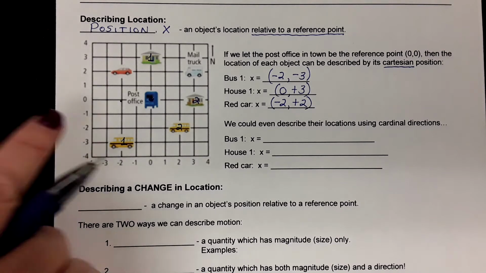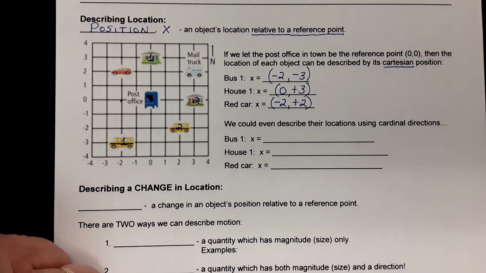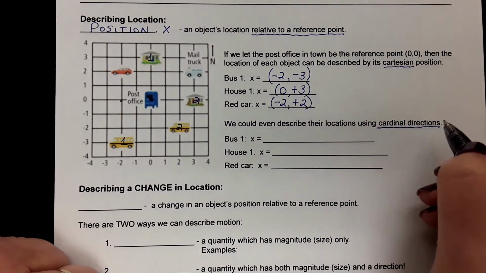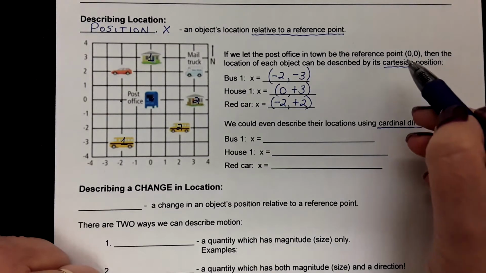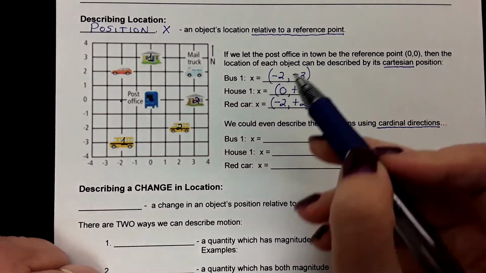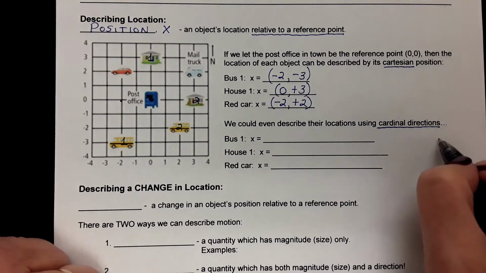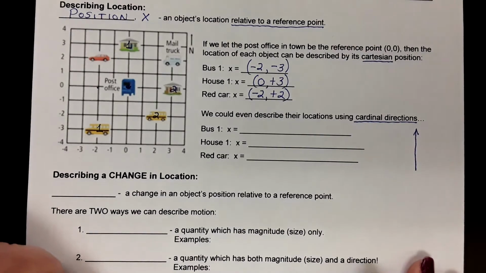Now, we can use this same grid and do the same thing a slightly different way. We could use cardinal directions for our positions. Now, Cartesian means you're going to say X, comma, Y. Cardinal means you're going to use compass directions. Now, if you don't know it, I'm going to show you right now.